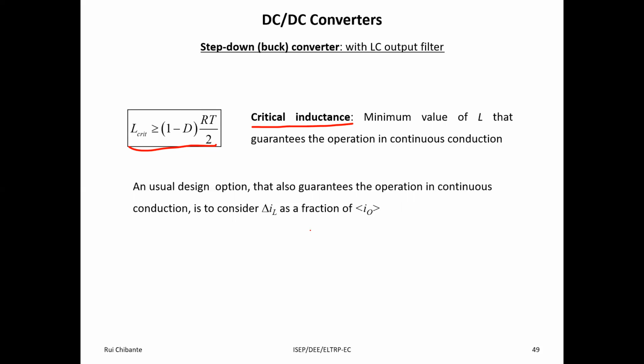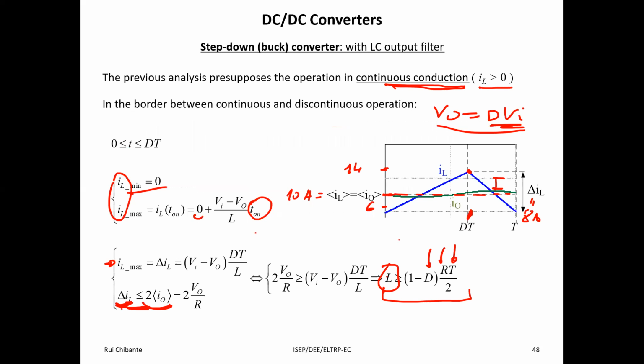Another typical way to make the design is to choose a value of the current variation as a fraction of the average value. So imagine again this situation here. Imagine again the average value of the current, the 10 amps. If I say that my current variation is 20% or 30% or 40% of the average value, imagine that I say that the current variation is 20%.